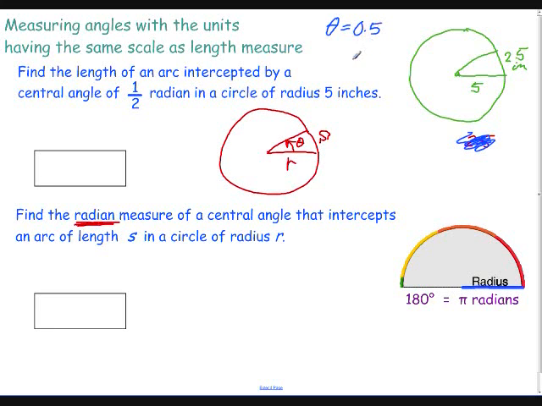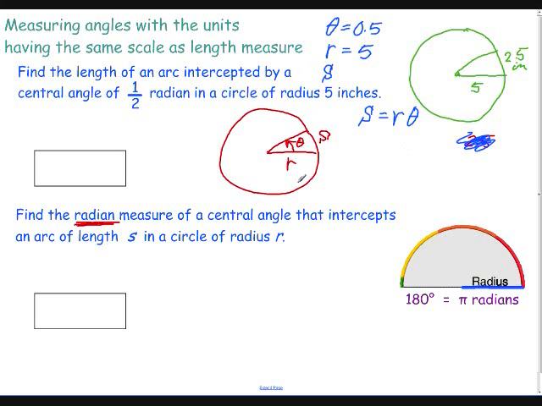Half a radian. 0.5 radians. My radius was 5. And how did I find my arc length? As long as I had this in radians, I could find my arc length this way. It's quite simple. The radius times the radian measure of the central angle.